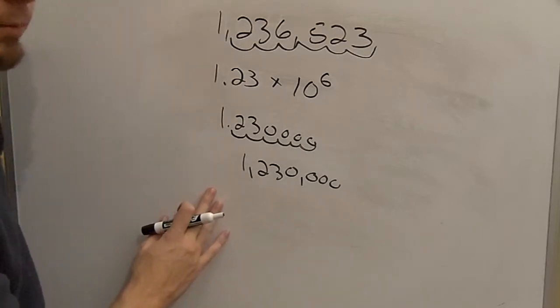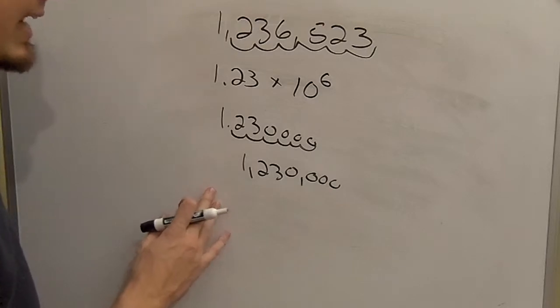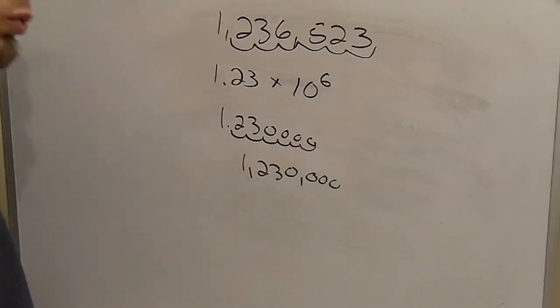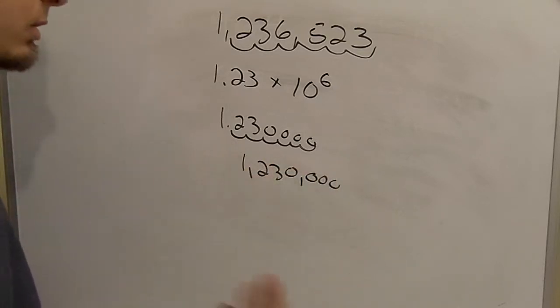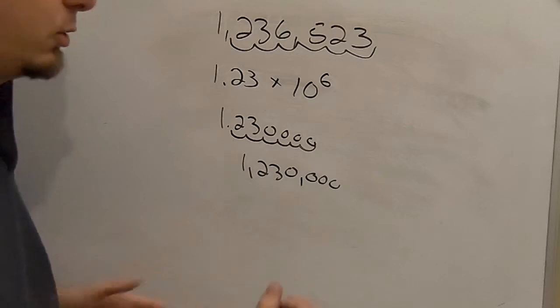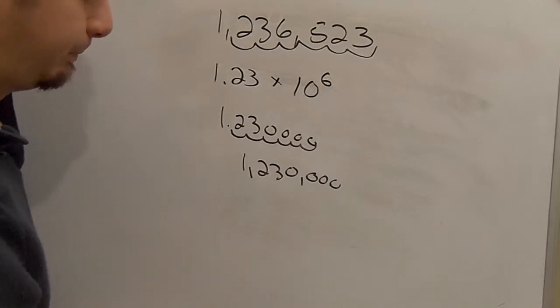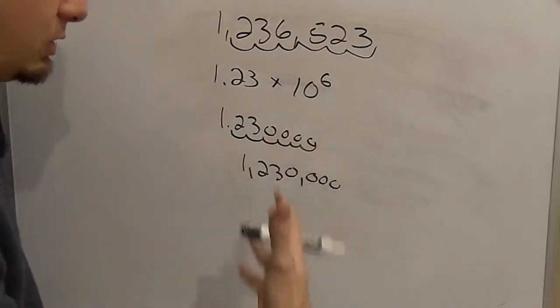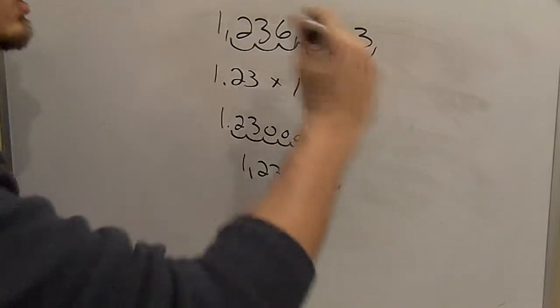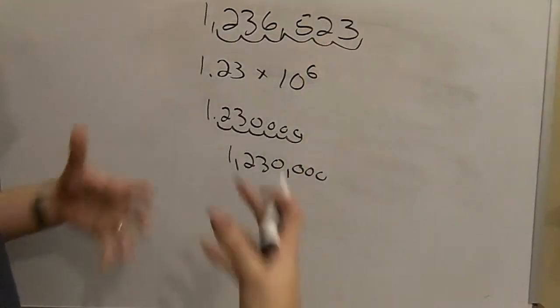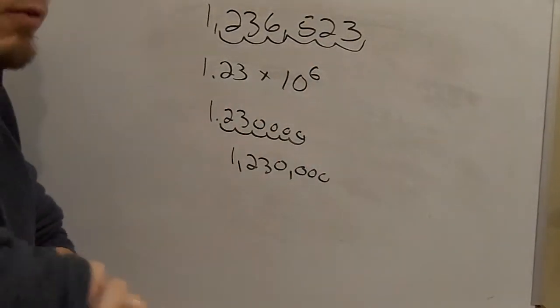Okay? So this is what I was talking about when I said that scientific notation is an approximate way to abbreviate something. You're not typically getting the exact number you had before, but you're getting something that's really close. It's really good when you need to estimate large products, and you don't want to write out these large numbers and do all this math that would take you probably anywhere from 5 to 6 minutes.